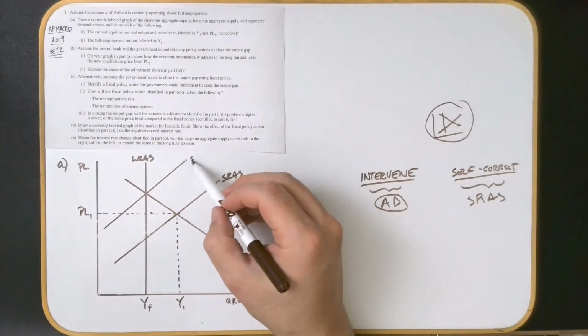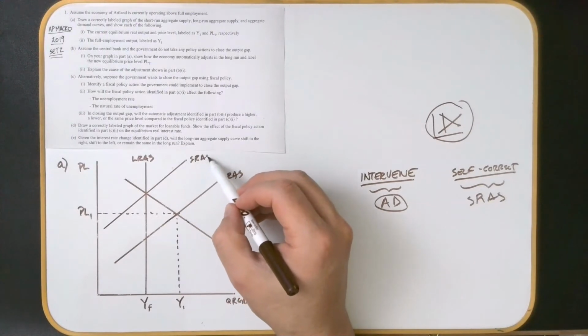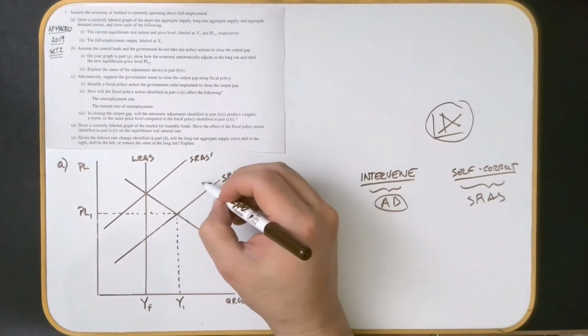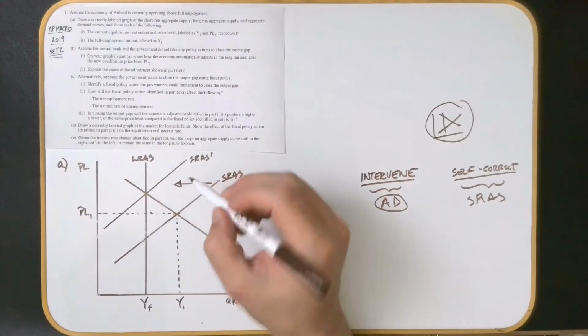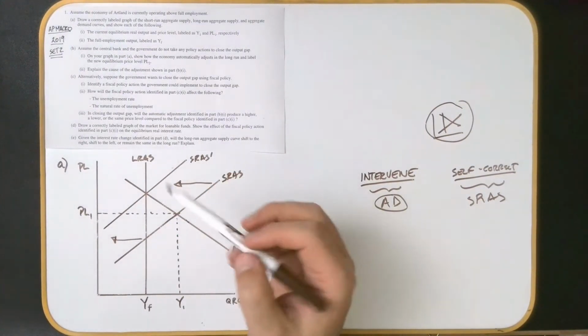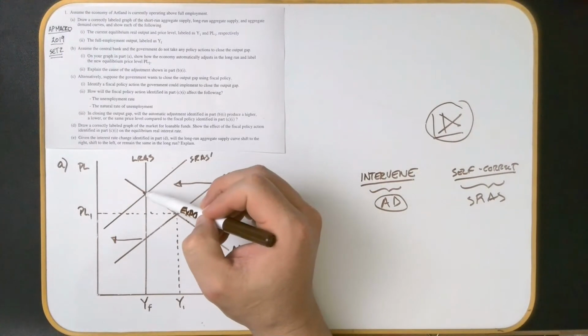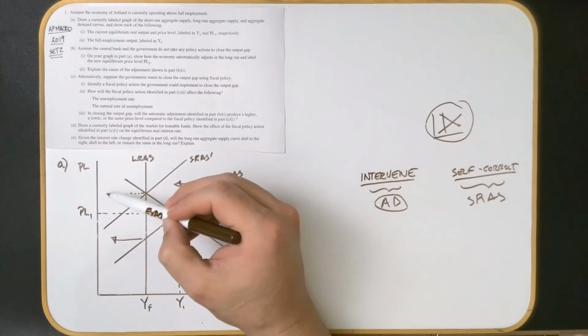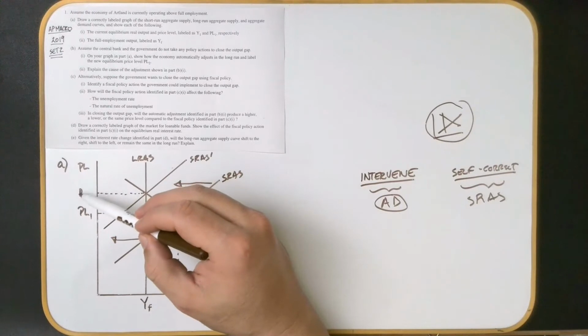So this would be SROS prime, and we're going to show that this is going this way. This is decreasing. And we need to label our new price level. Well, our new price level here, according to the problem, we're going to put in PL2.